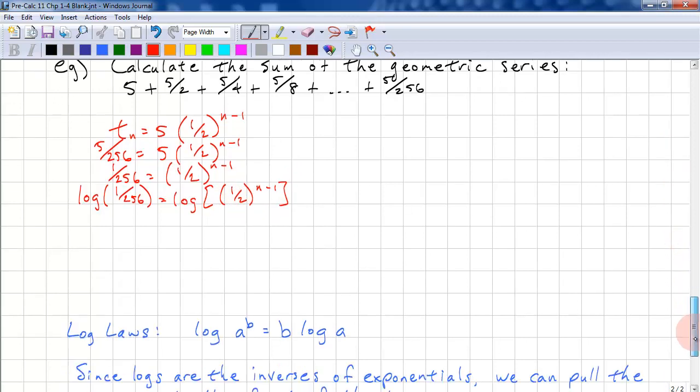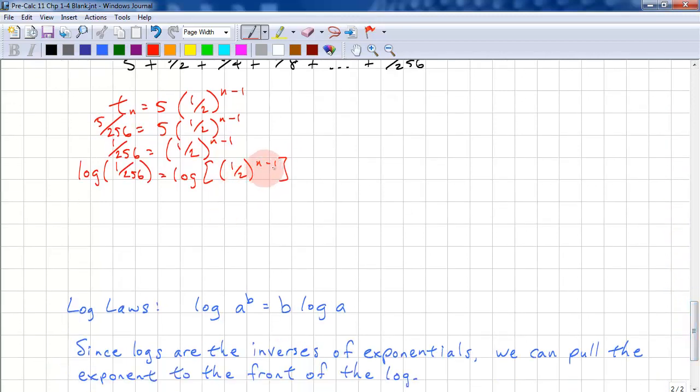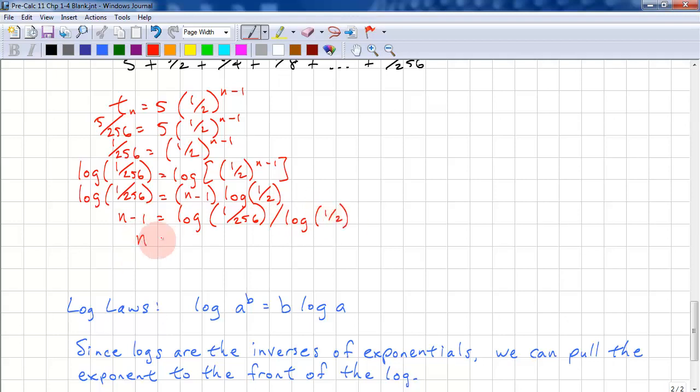Now the property of logarithms that we need to use is that the exponent is the opposite, so we can just bring it out front. So now we solve for n minus 1. We need to divide both sides by log 1/2. And now we just add 1 to this side. And you can just plug this in on your calculator.